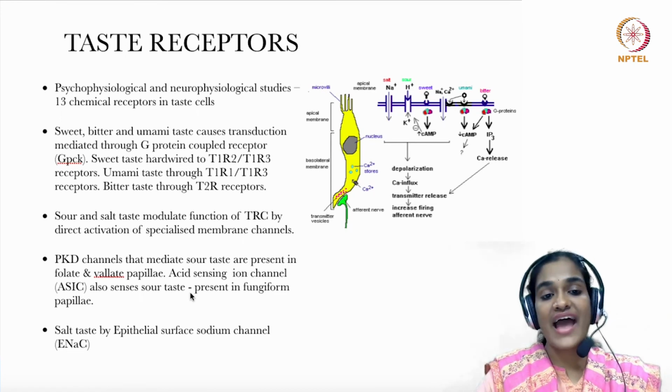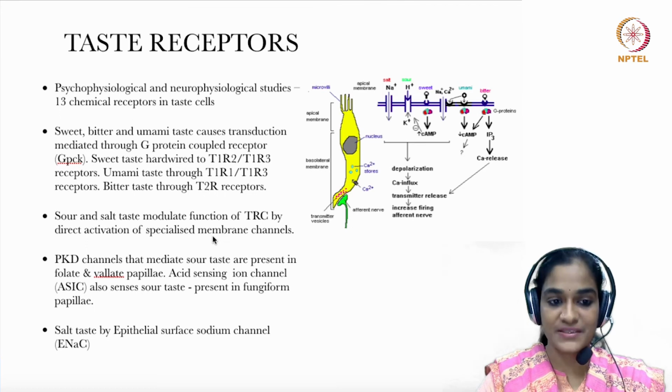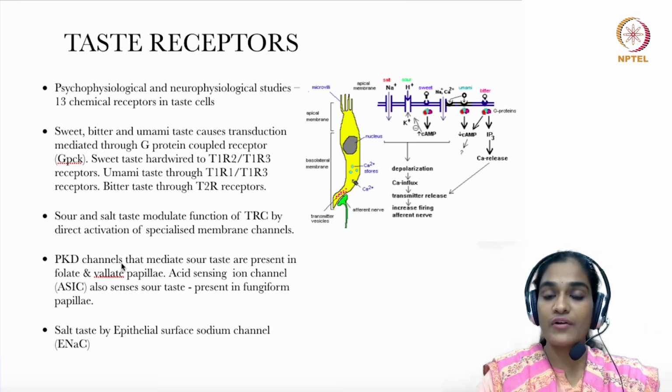The sour and the salt taste modulate function of receptor by direct activation of specialized membrane channels. They are not associated with the G protein coupled receptors. The PKD channels, which are found in the foliate and the vallate papillae, mediate the sour taste.